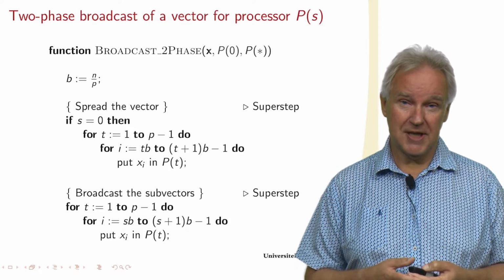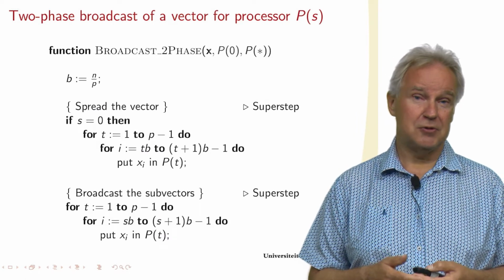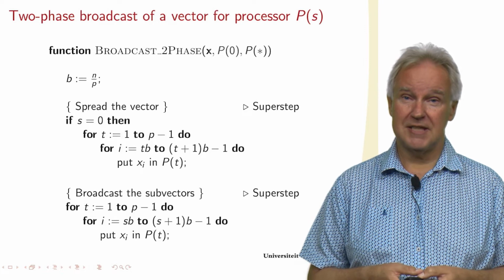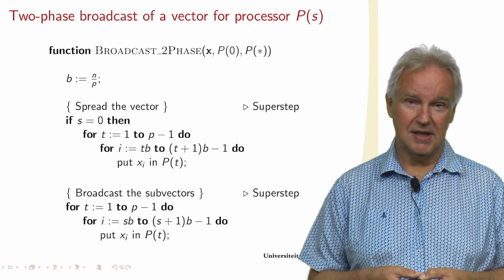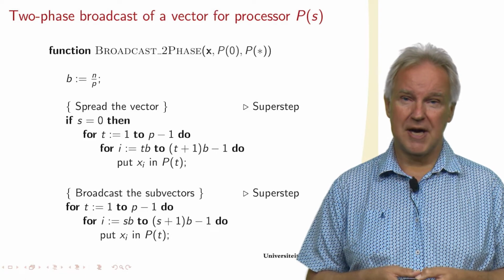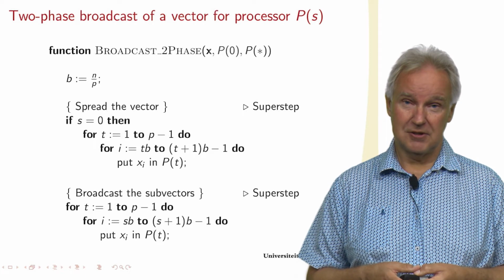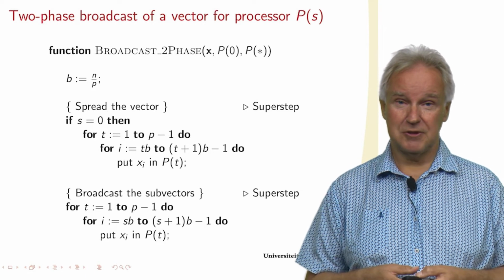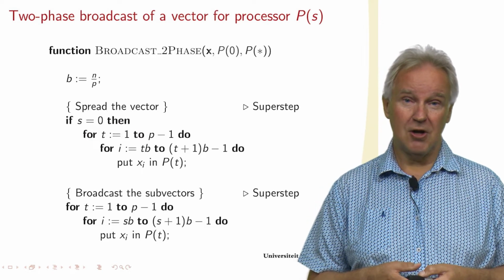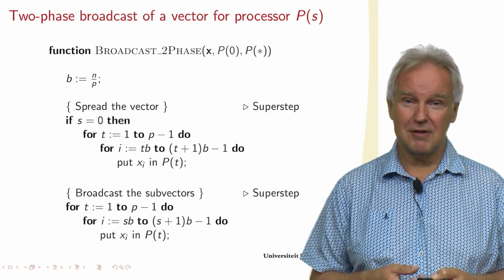How do we formulate a two-phase broadcast? Here we do that again for processor PS. We assume a block size of n divided by p, and we assume we do not need to round in this example. So the first superstep is spreading the data. If S equals 0, then I send to all the processors not all the data, but a block of data.